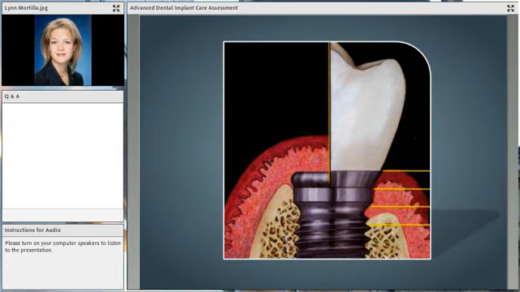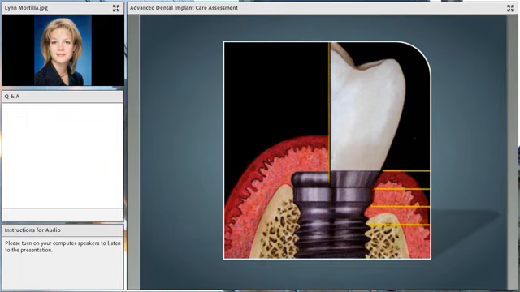There are some research studies that have looked at the adaptation of the abutment to the implant, as you see right here by this second yellow line. And there is some research that says if this adaptation of the abutment to the implant is not perfect or not well seated, that will cause some problems.